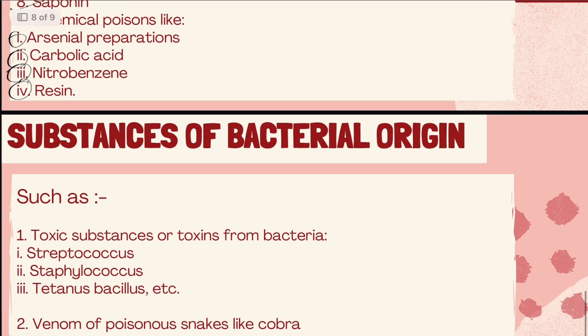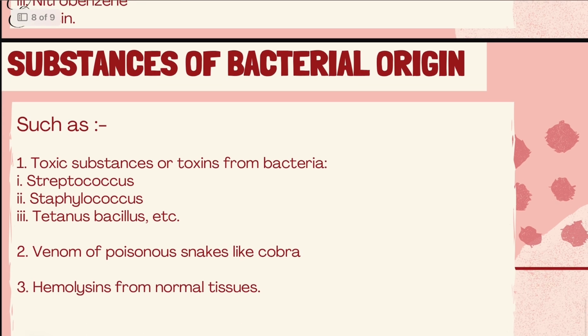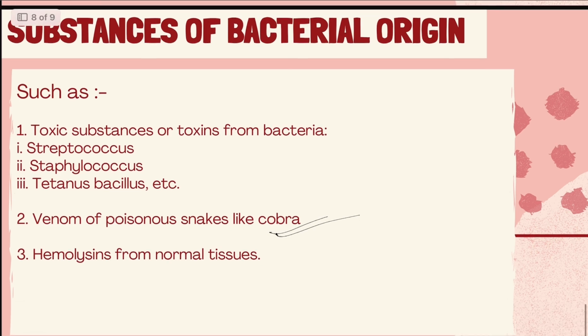And the bacterial and other substances found in the body which are hemolysins are toxic substances or toxins from bacteria, that is from streptococcus, staphylococcus, tetanus bacillus, etc., and also the venom of poisonous snakes like the cobra, that is why it is very deadly, and hemolysins from normal tissue.